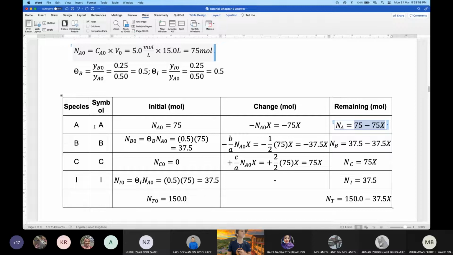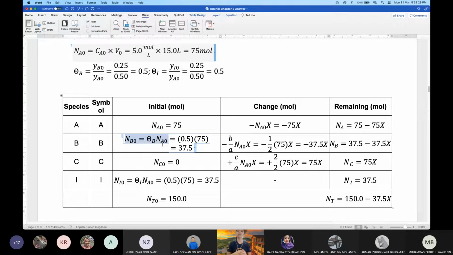Okay, done. Next one for B. So B, if you forget, dia ada formula kan? So B, formula for the initial, NB0, we want to find NB0. Kalau A is Na0, kalau B, NB0, initial moles of B. So NB0 equals to, the formula says theta B multiply with Na0. So theta B, you have learned before, but if you forget, senang je konsep dia. Theta B is the ratio of how much B over how much A initially in the system.